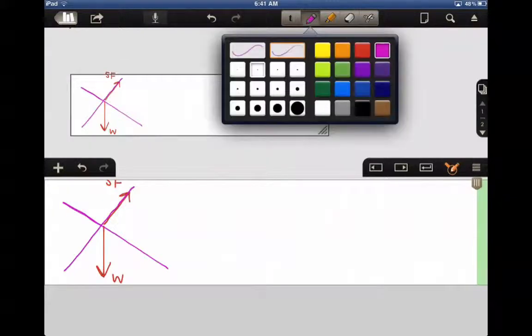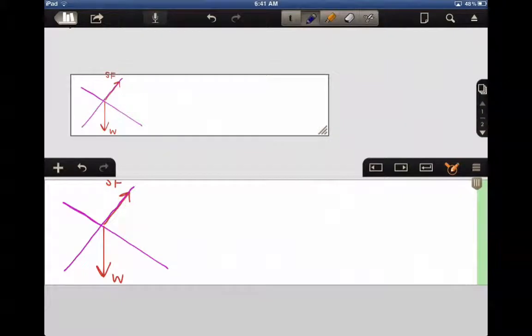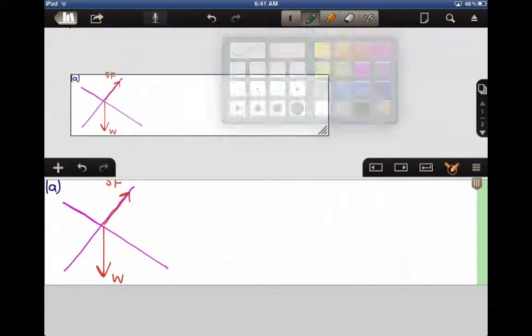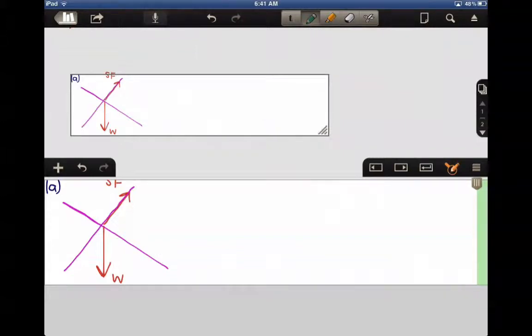However, in B, you're asked to go ahead and then include the x and y components of W. So the x and y components of W, I'll draw them in different colors. The y component will be this line. So that would be WY.